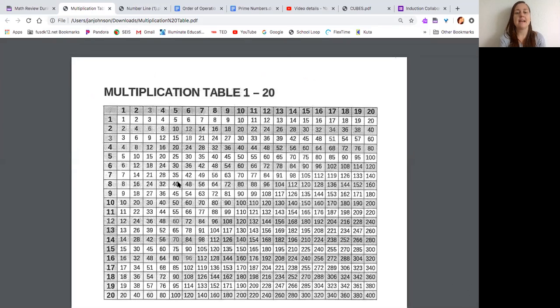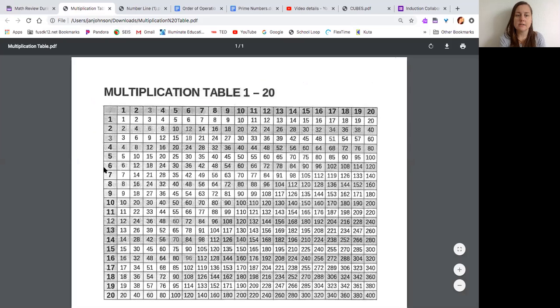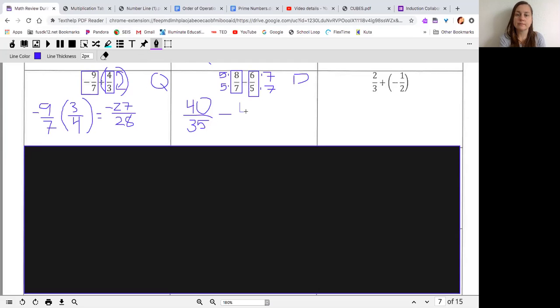Notice that it's 5 less than times 8. Over 35. Bring down my minus sign. 6 times 7 is 42. And 5 times 7 is 35.